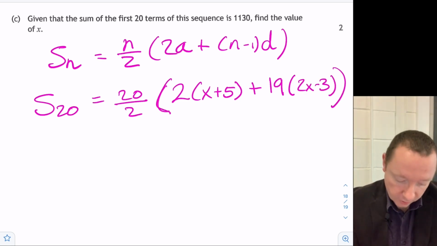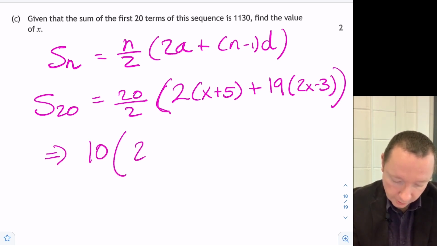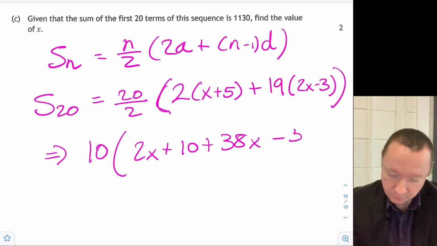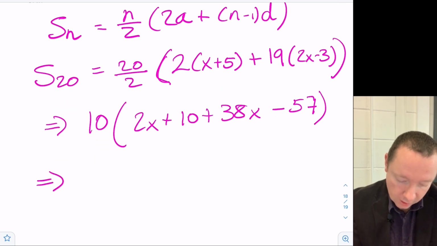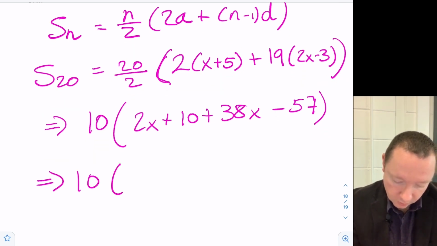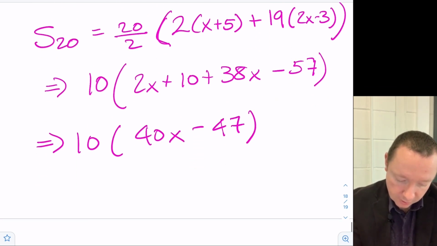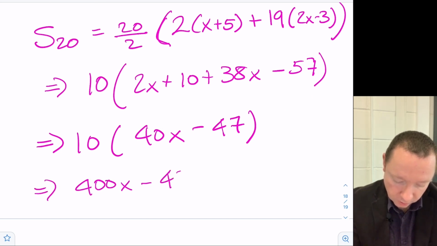Okay, so that implies we've got 10 on the outside, 2x plus 10 plus 38x minus 57. So that's 10 times (40x minus 47). That's 400x minus 470.